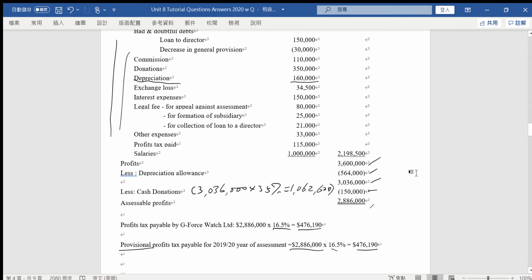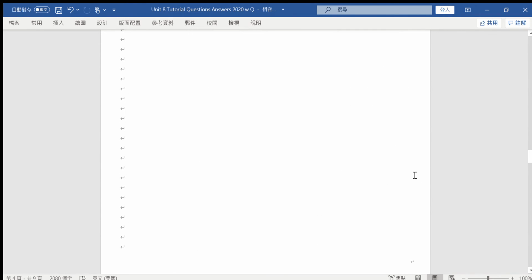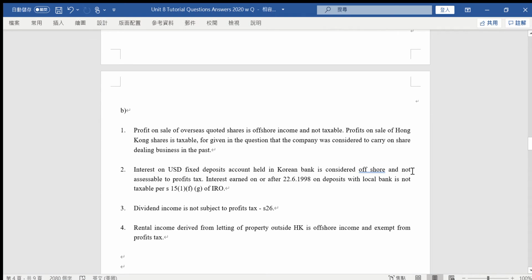Then the second question will be related to this question. There are some things that you are required to explain. I have already explained all of them to you. That is about the overseas quota share. It mentions DIPN 21 about the locality of the source.